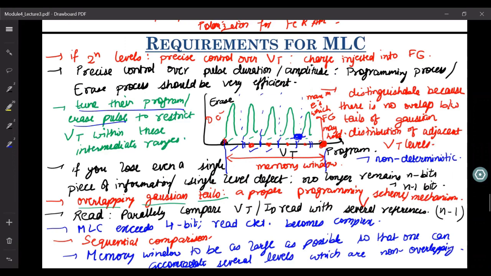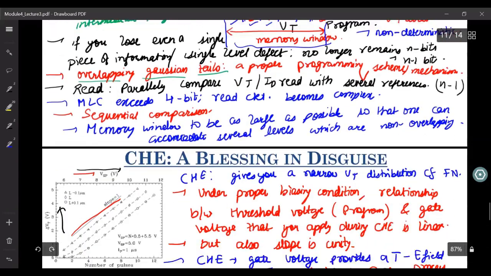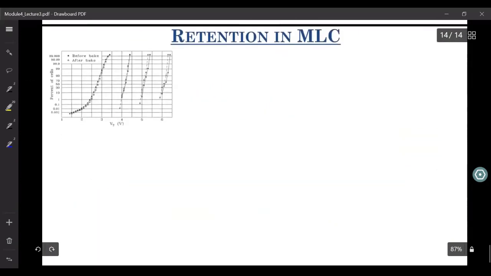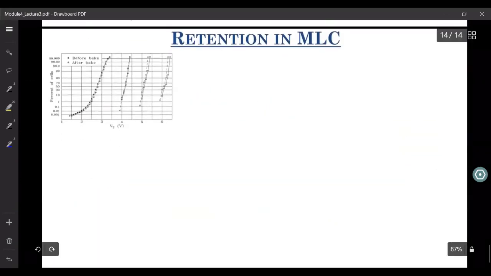So if it were only single level capability, you'll have this entire memory window for these 2 states. But since you have now quantized it into several small ranges, each of those levels can operate within that small range itself. So the effective memory window for those small ranges is very small. So retention is kind of a big problem.